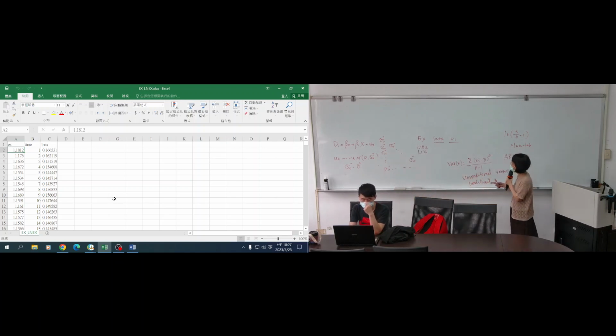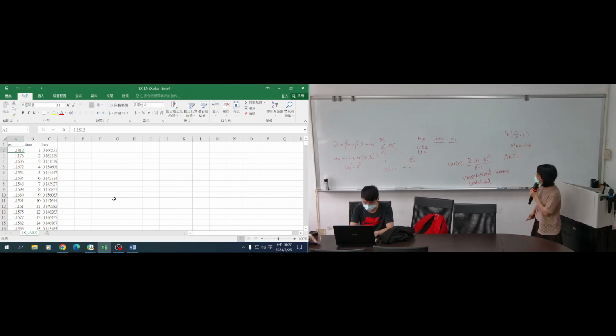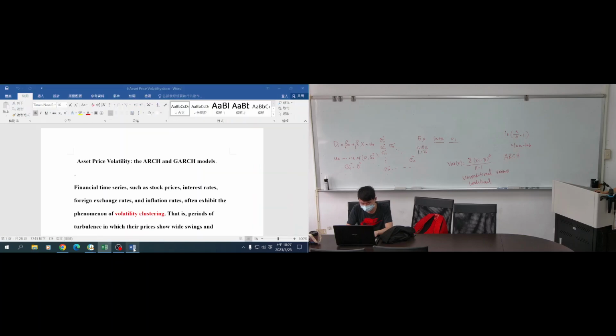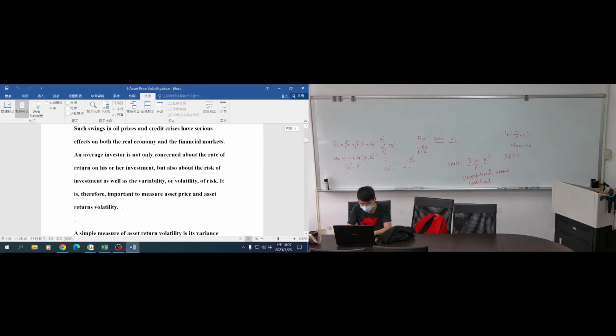Therefore, we are going to introduce a new model called ARCH, autoregressive conditional heteroscedasticity. In that case, for my u_t, let me use the expression I wrote here.